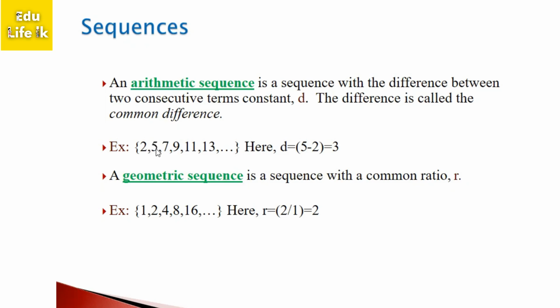Get the difference between two consecutive numbers. If you consider this one as the first term and the second term, get d by 5 minus 2.